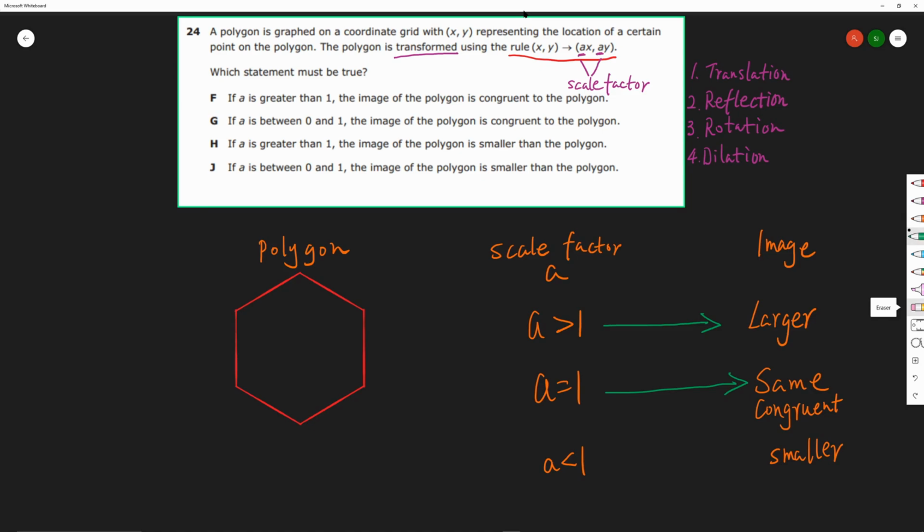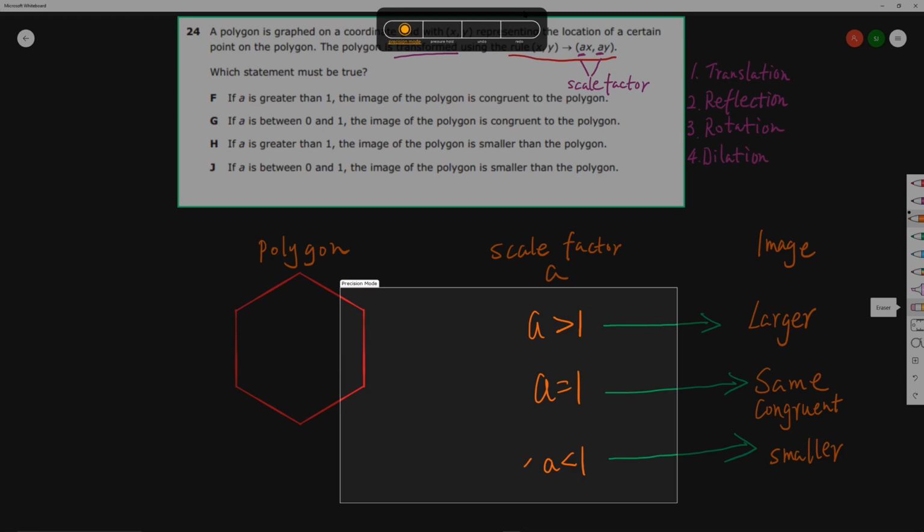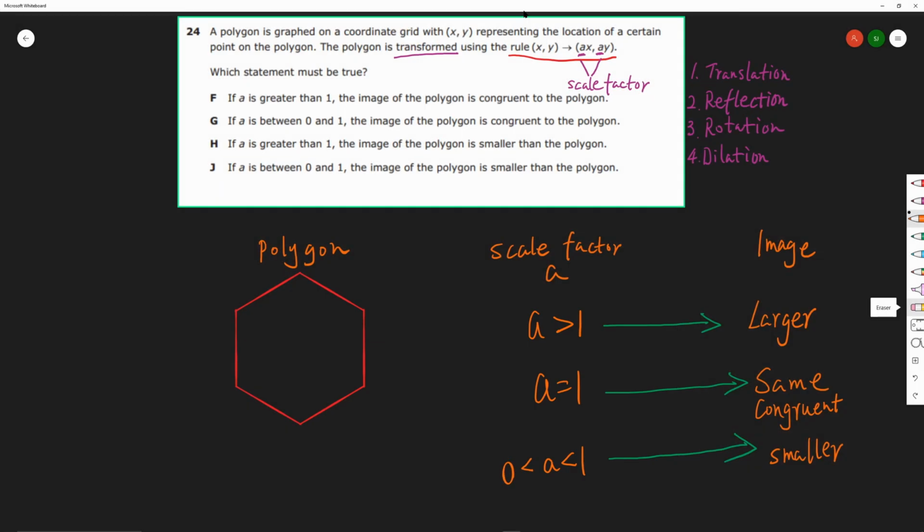If a is smaller than 1, the image will be smaller. And remember, this scale factor will never fall below 0. So even if it is smaller than 1, it will still be larger than 0. The scale factor will not be less than 0, right? That's a property of dilation.